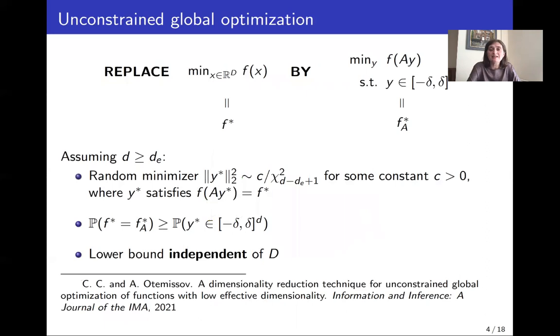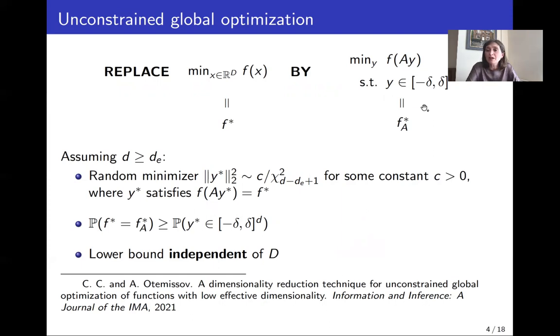So what can we say in this context? Well, assuming that our original problem is unconstrained and that it has this special structure of low effective dimensionality, even if we don't know the exact subspace, we propose to rephrase it as a reduced problem through a Gaussian matrix A that goes from R^D to R^d.